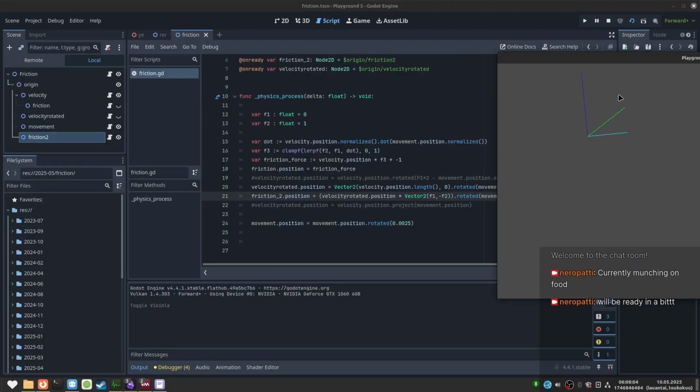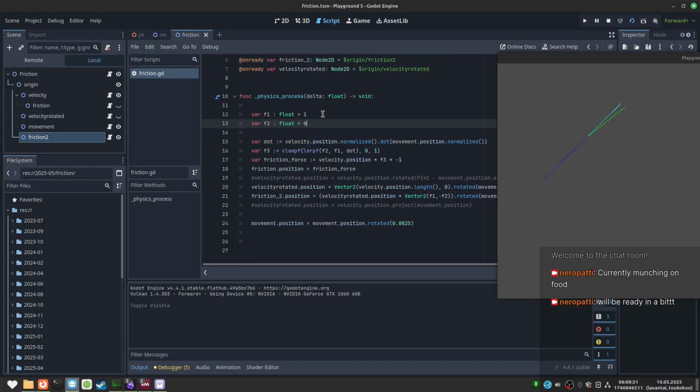And if we're pointing in the same direction as the velocity, then the component pointing perpendicular will also be 0, right? So this makes sense. I can isolate this component, and that's what I want. And I can now turn these the other way around, where I'm taking the component of the velocity that's pointing towards movement.